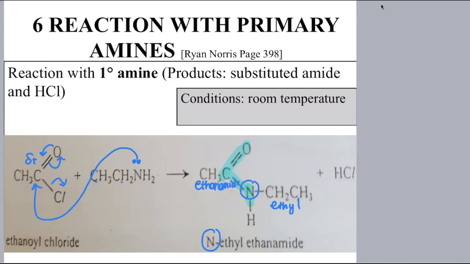So coincidentally, both of them contain 2 carbons. That is what we call a substituted amide. Don't worry about the naming because the next topic that we're going to do, which is after the holiday, is nitrogen containing compounds. So you will meet a lot more of this. We call it an N-substituted amide.